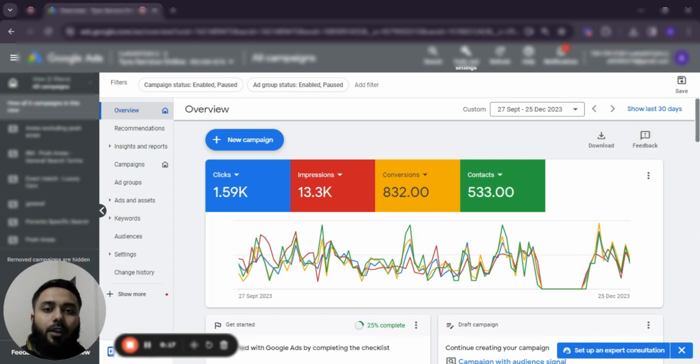So we don't have to rely on Google Ads Keyword Planner all the time. We can also use our common sense, or we can search those keywords on Google to see whether the results coming up against those search terms are relevant to your business or not. If those are relevant, you can always try those keywords.